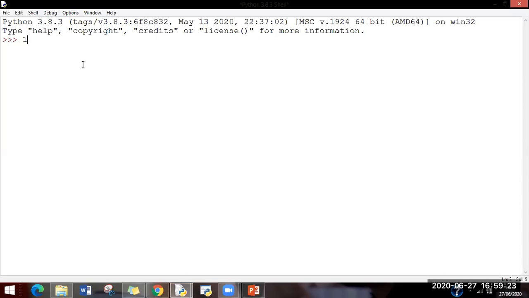Suppose we have 10 into 3 raised to the power 2 modulus 9 plus 3 divided by 1.5.